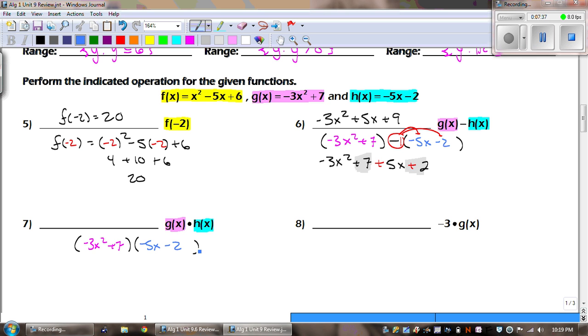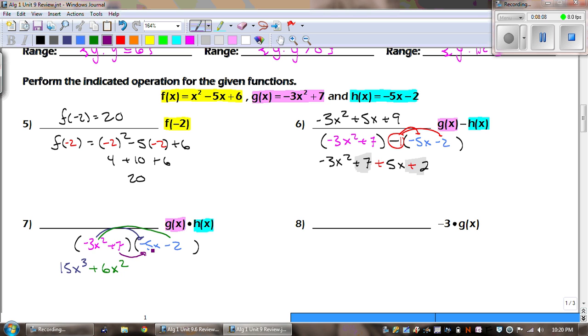You can use box method or you can distribute, whichever way you want. So -3x squared times -5x, a negative times a negative is a positive, and then I'm going to add the exponents. -3x squared times -2, a negative times a negative is a positive, 3 times 2 is 6, x squared.